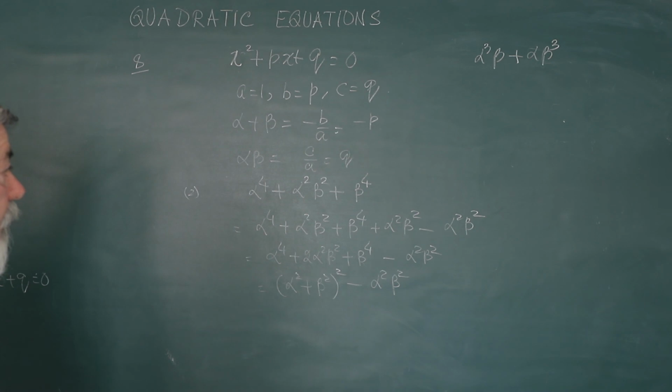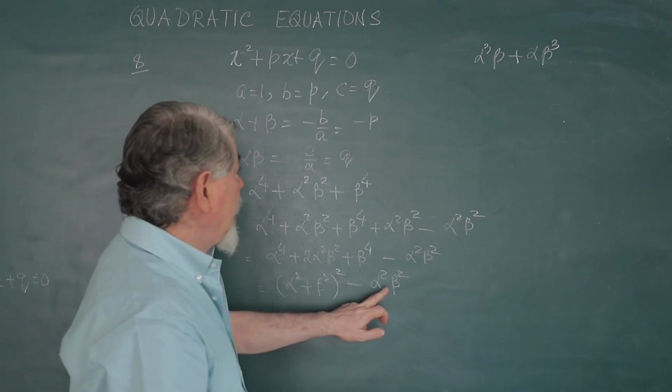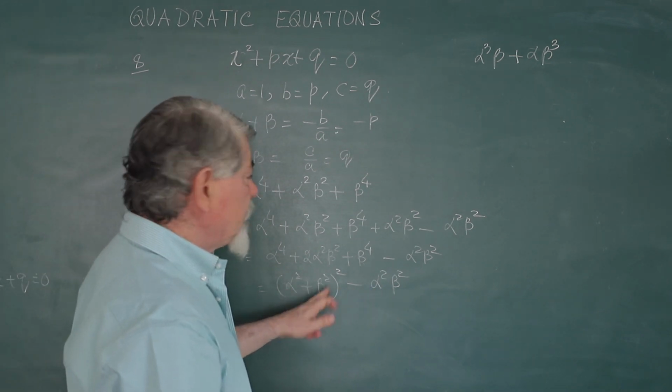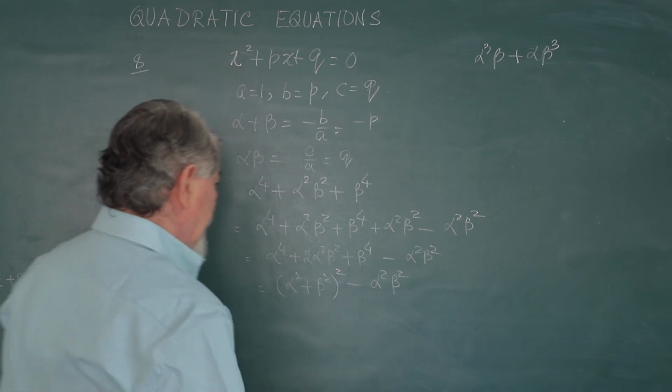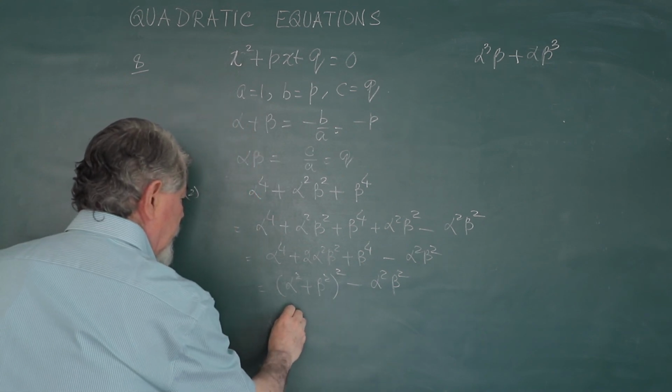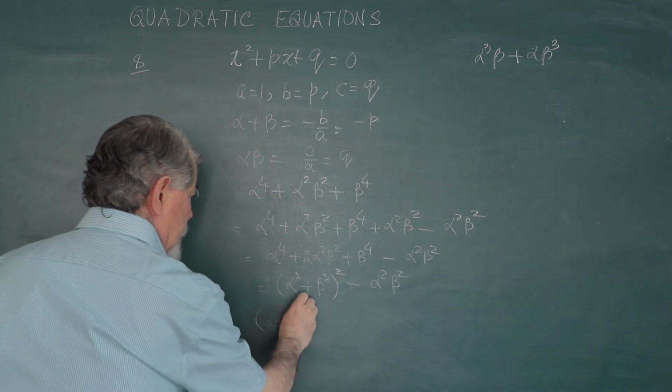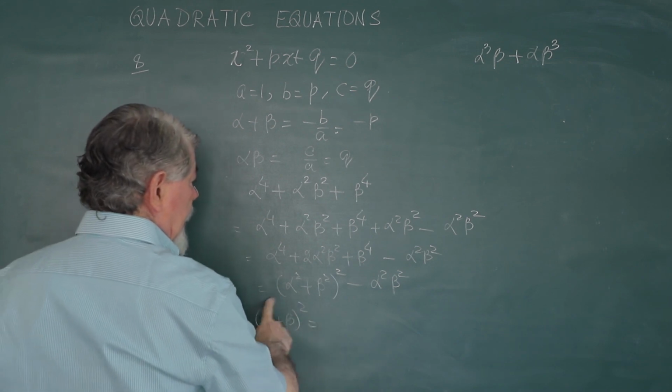Okay. Now you know the value of alpha beta, and alpha square plus beta square I can calculate. Alpha plus beta whole square is what?